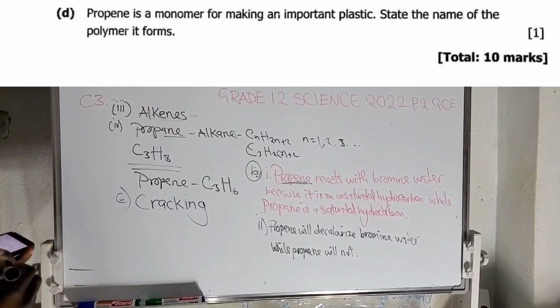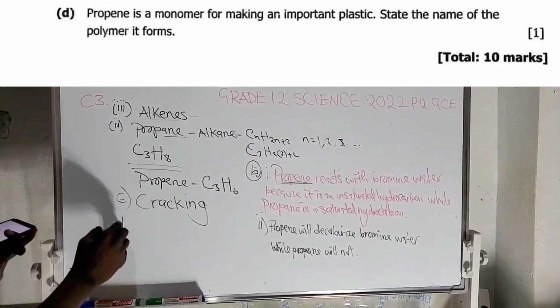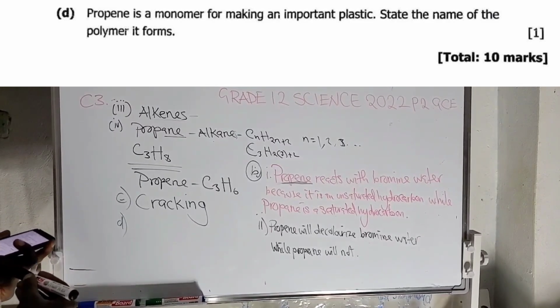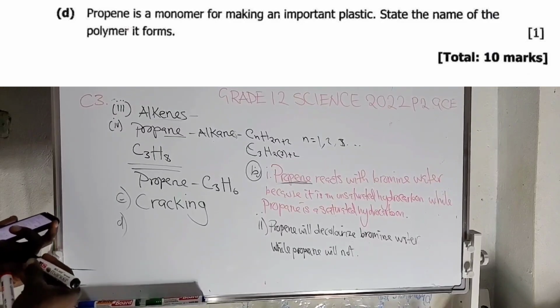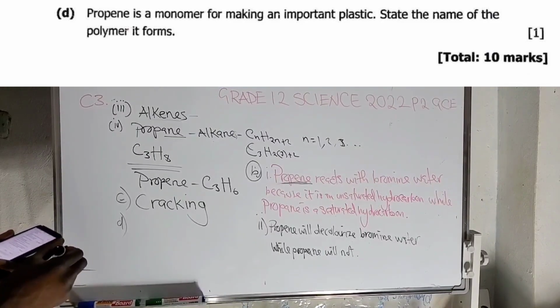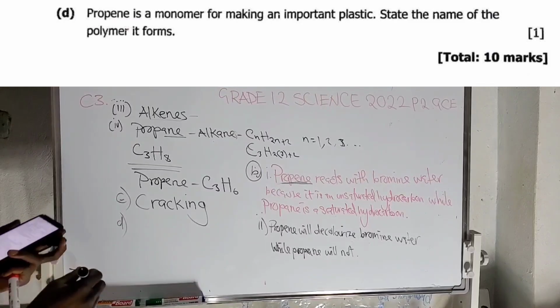Then question D now, which is the last question, is saying propene is a monomer for making an important plastic. State the name of the polymer it forms.